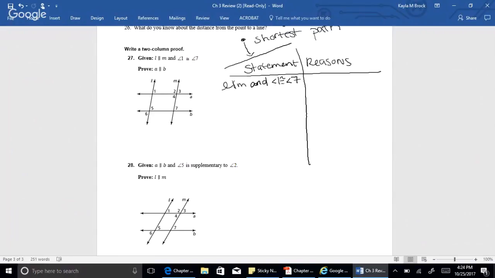L is parallel to M, and angle 1 is congruent to angle 7. That is our given.